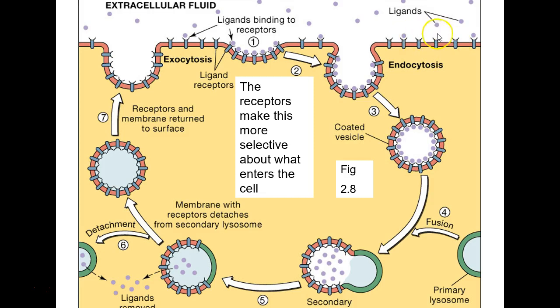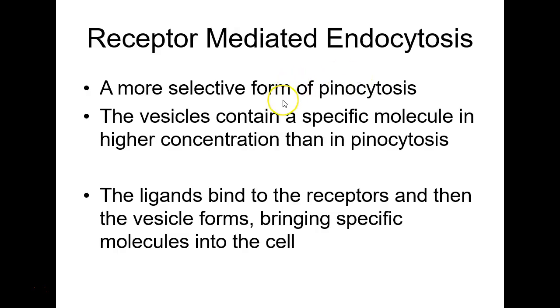Once you get a bunch of them loaded on here, then that's a signal, and then this membrane will invaginate and bring that in. Yeah, you bring in some of the extracellular fluid, but you're bringing in a really high concentration of this particular ligand. So it's just a real specific form of pinocytosis. So the ligands bind to the receptors, the vesicle forms and brings in specific molecules.